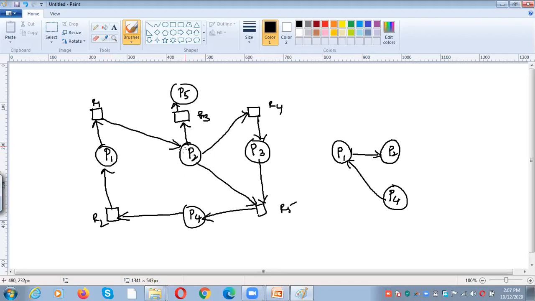Come to P2. For P2 we have multiple connections. If you observe, the P1 and P2 connection is already done. We need to talk about the remaining parts.